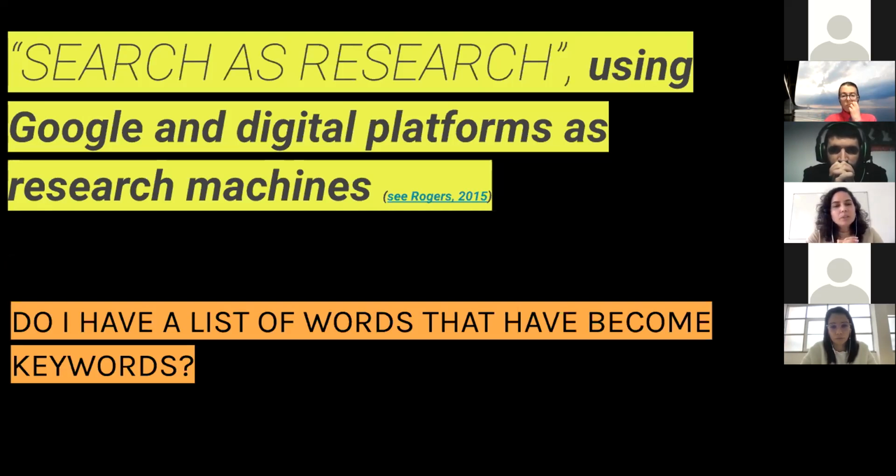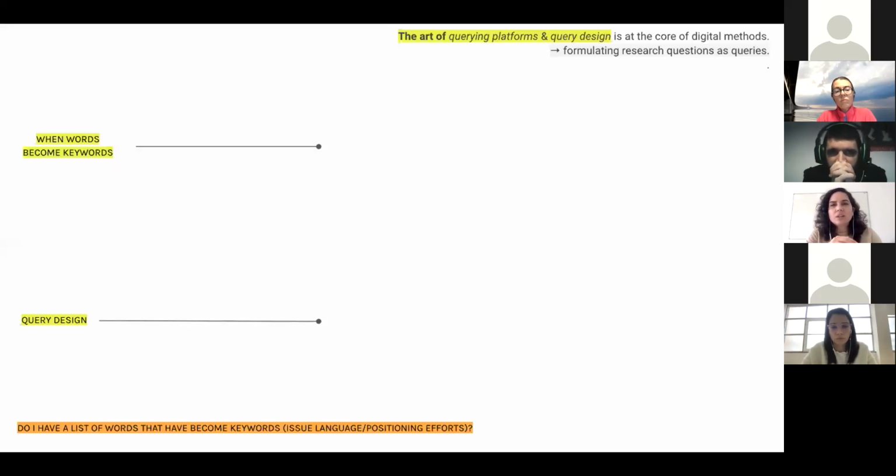So maybe we want to ask this question: do I have a list of words that have become keywords? And this follows the idea of Richard Rogers, because he says, when we are formulating queries, we should consider words that become keywords, and he's relating to positioning efforts.